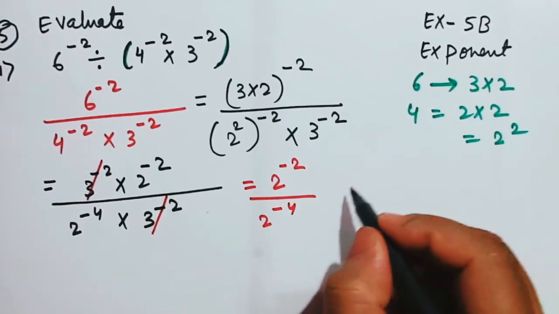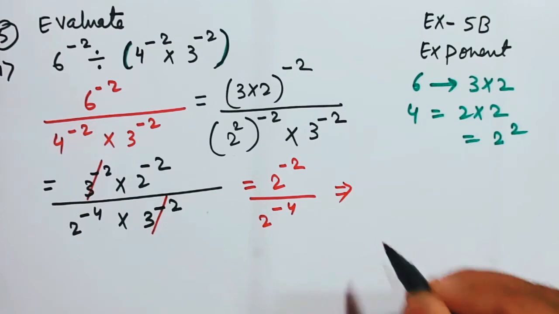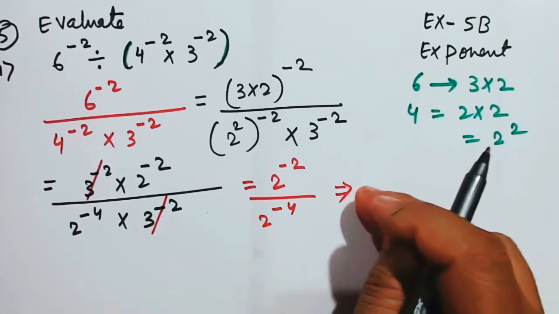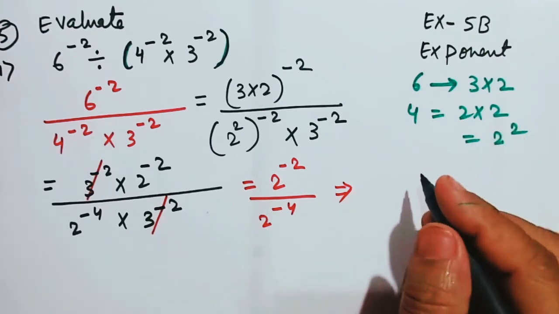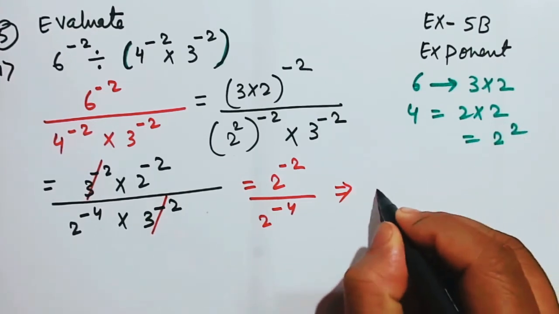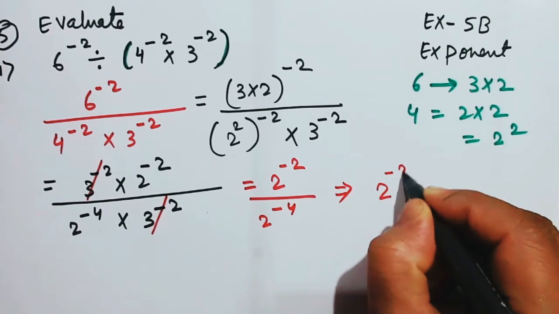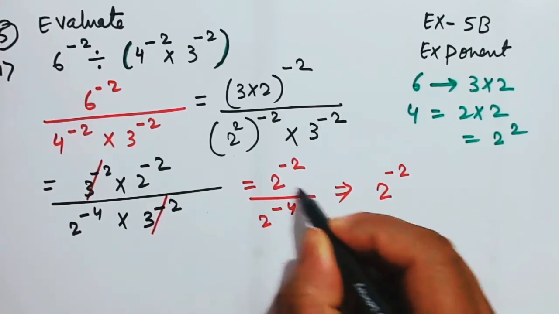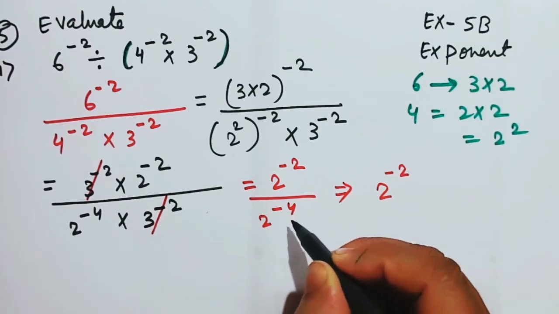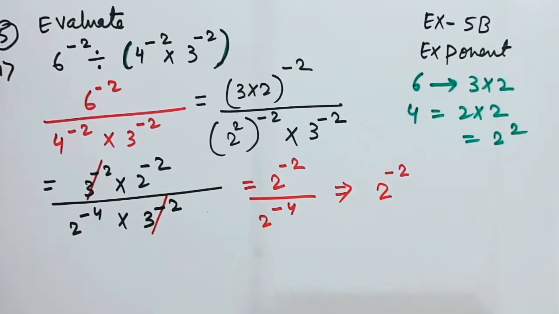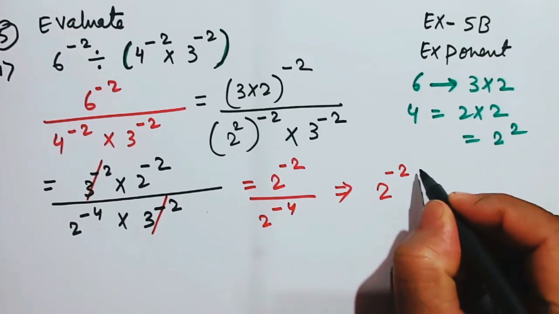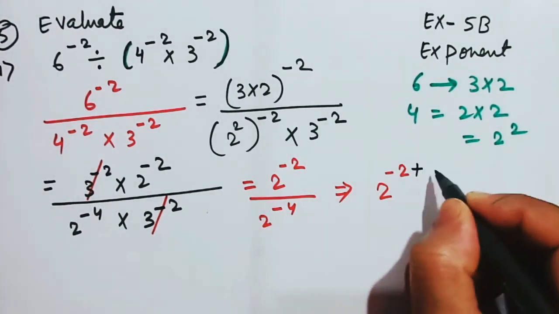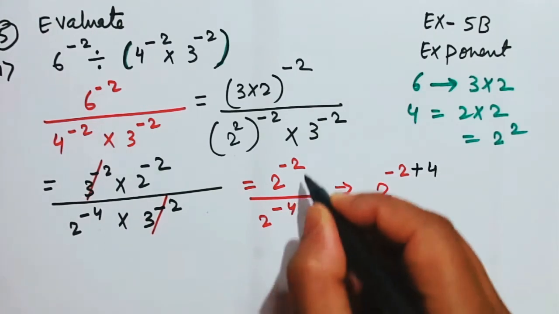Now the actual knowledge will be displayed here, because both of them are in division, therefore 2 to the power minus 2 plus 4. The exponent in the denominator, when it moves up to the numerator, becomes positive. The negative becomes positive and the positive becomes negative.